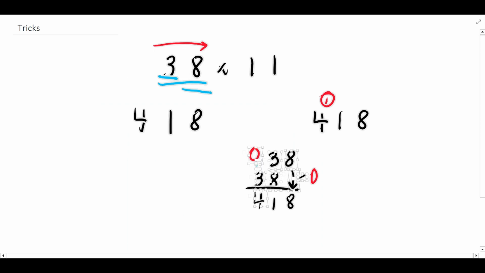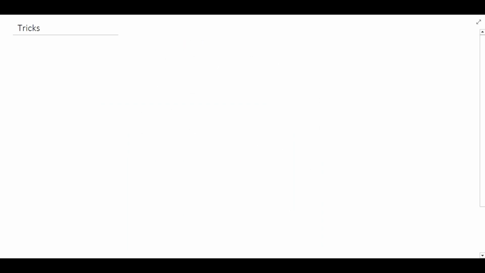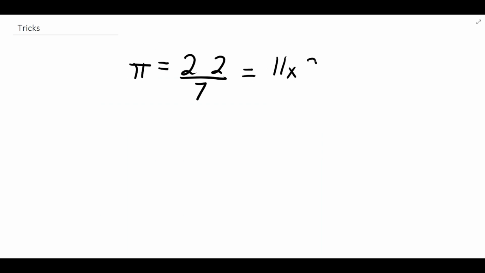And this technique is really useful when you're solving problems related to circles, because for the value of pi, you generally take it as 22 by 7, and 22 by 7 can be written as 11 into 2 by 7.